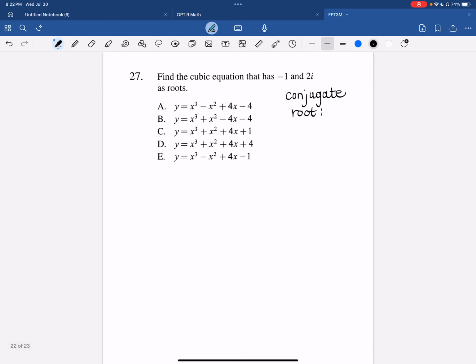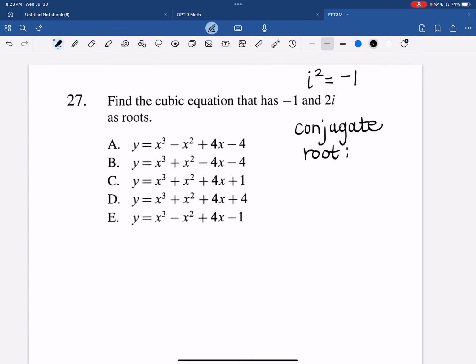You also need to understand the concept that i squared, an imaginary number squared, is equal to -1. You need those bits of background information to be able to do this problem. With that in mind, though, let's dive in.